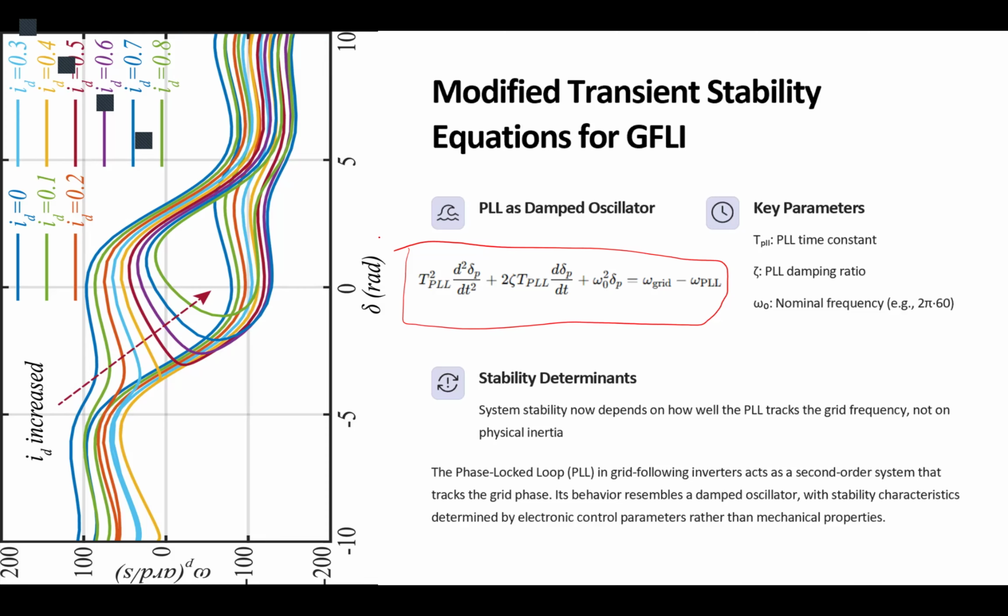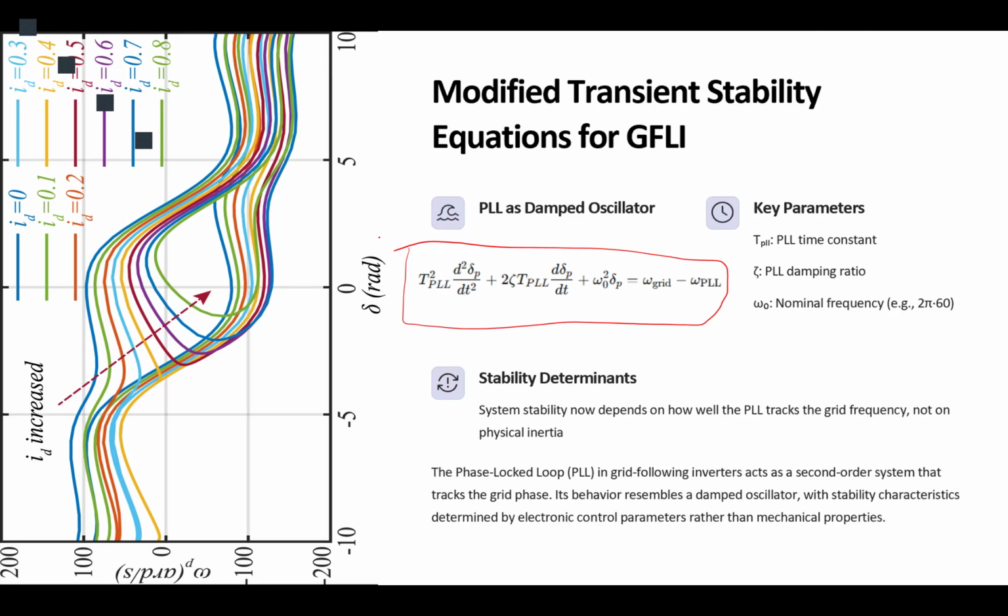What are those? T is basically the time constant of our PLL, which shows how fast it would respond to any changes.